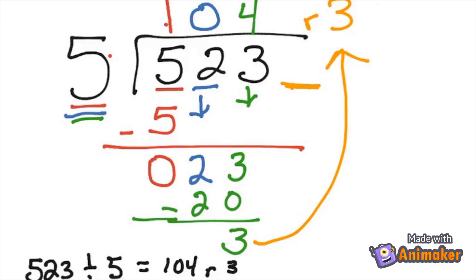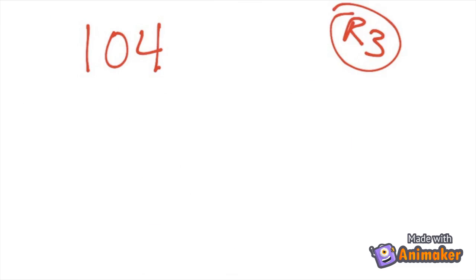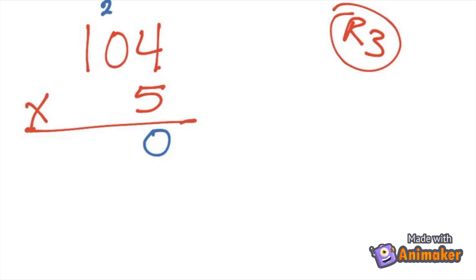Okay? I'm going to look back, and I remember that I had the number 5. I'm going to multiply this times 5. Well, 5 times 4 is 20. Carry my 2. 5 times 0 is 0, plus 2 is 2. And 5 times 1 is 5.